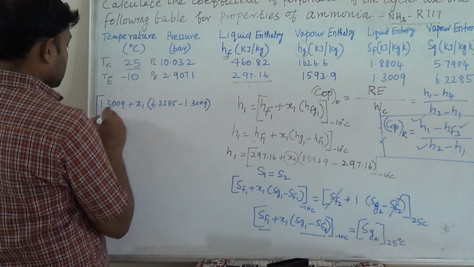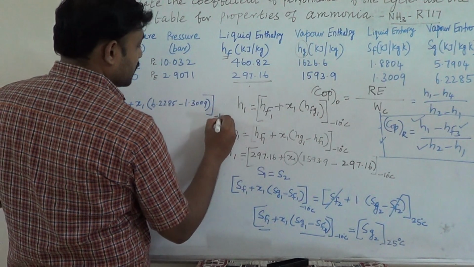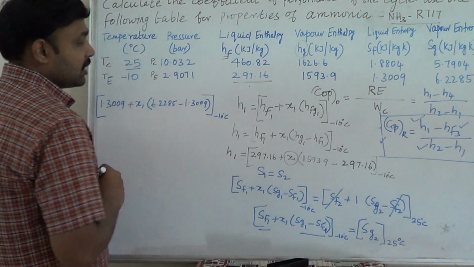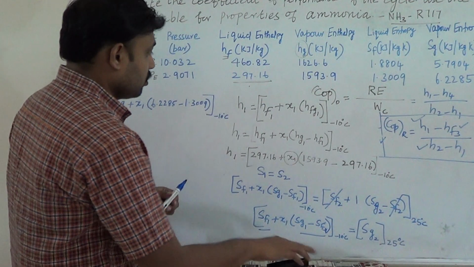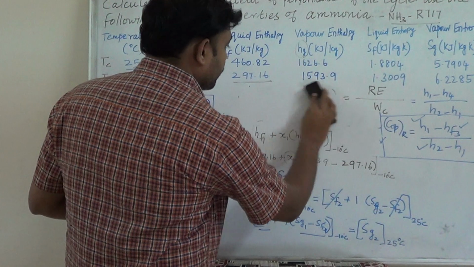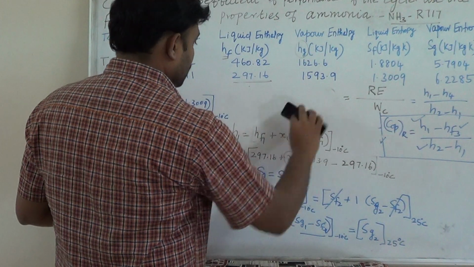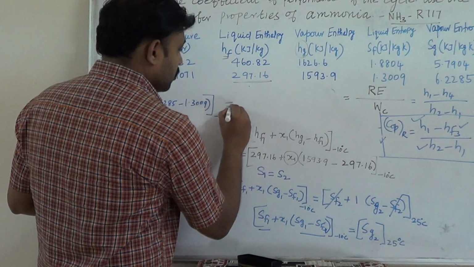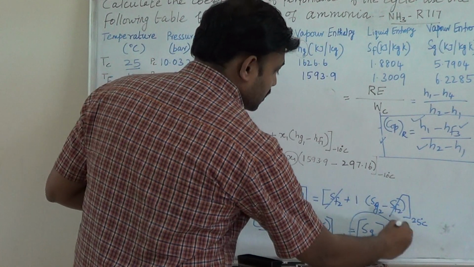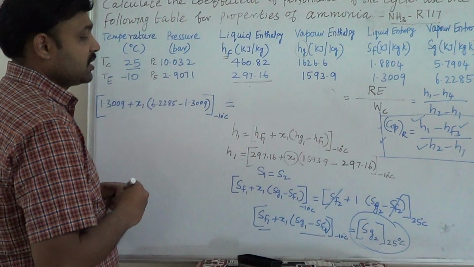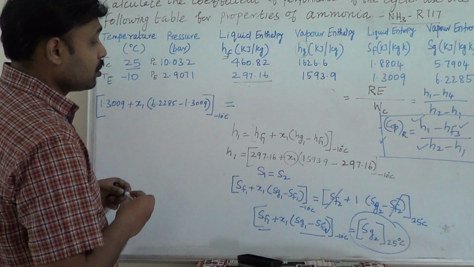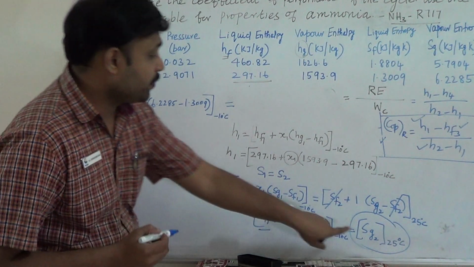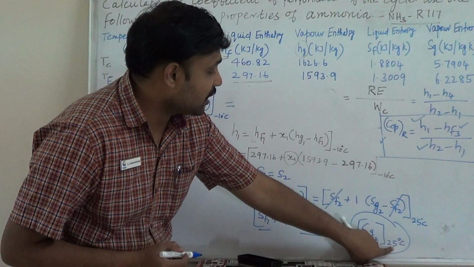This is at minus 10 degree centigrade, is equal to the Sg2. This, that is the second point, which is dry saturated. So Sg2 is the vapor entropy corresponding to the condenser temperature.